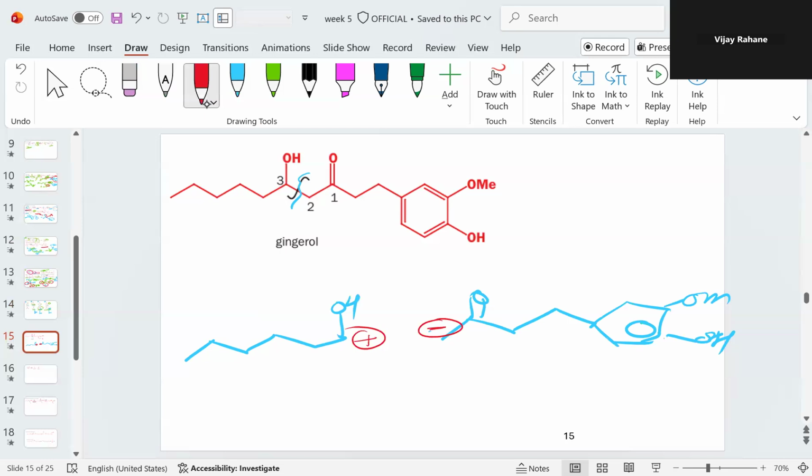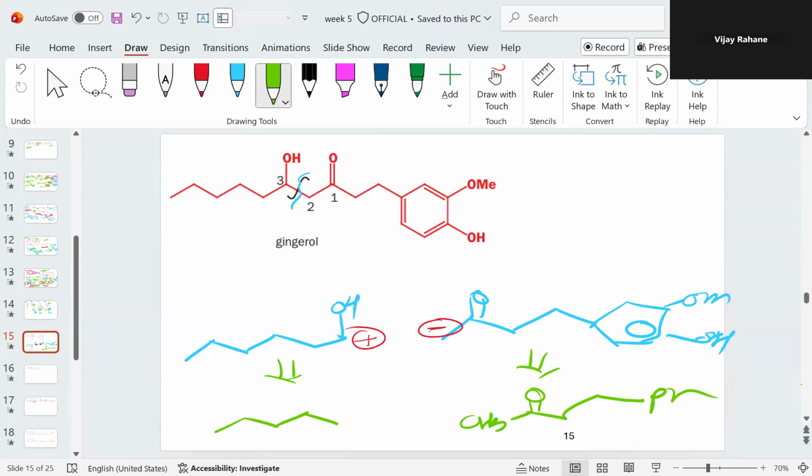And what will be the synthetic equivalent for these synthons? This is basically CH3 normal, right? This Ph I will just draw like this. And for this hydroxy group, this can come from this sort of aldehyde.